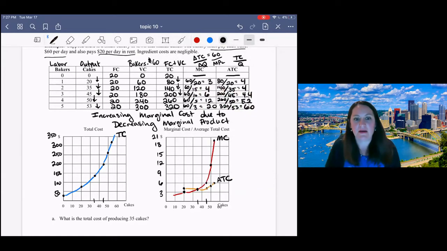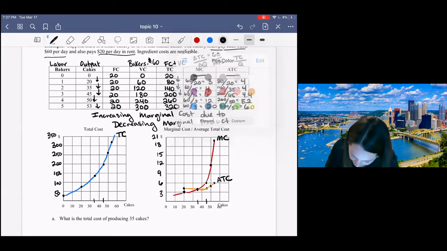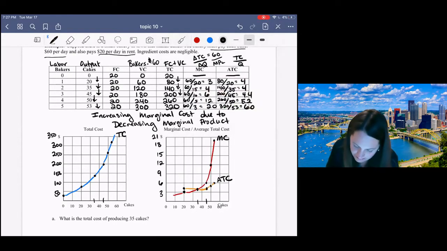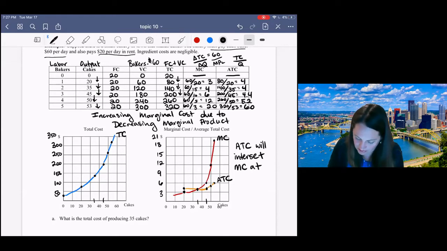Now, the important thing to notice here, which is not maybe entirely clear from this graph, but hopefully it's a little bit clear from this graph, is that the average total cost curve is going to intersect the marginal cost curve at the minimum of the average total cost curve, okay?